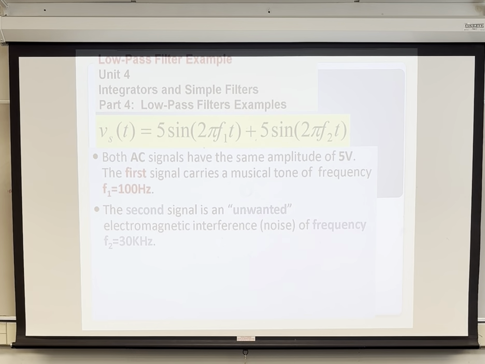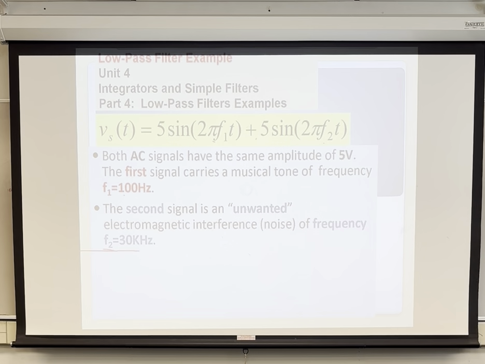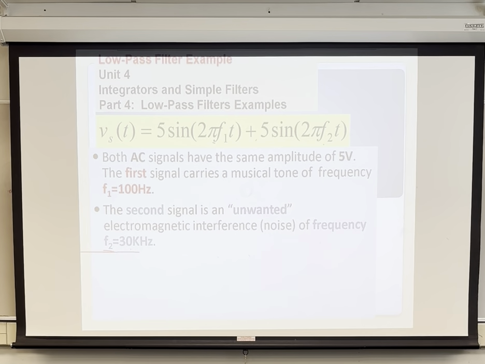We'll assume the first signal F1 is 100 hertz, and it's a musical tone. The second frequency F2, we'll say is an unwanted noise frequency, and it's 30 kilohertz. We notice it's much higher in frequency than the 100 hertz. So we want to allow the 100 hertz to pass through the filter, and we want to reject or reduce this 30 kilohertz tone that's also trying to pass through the amplifier.